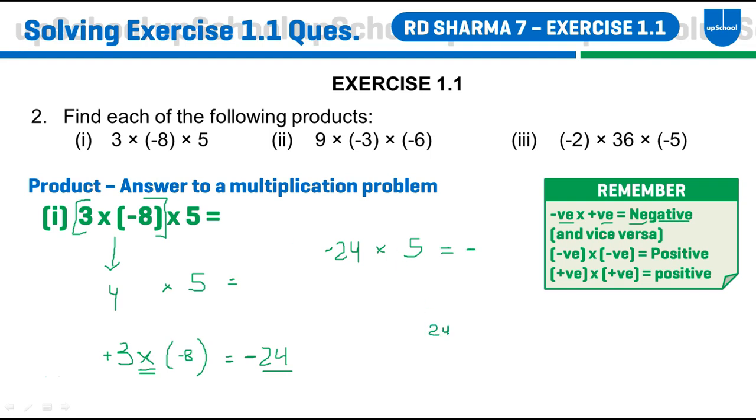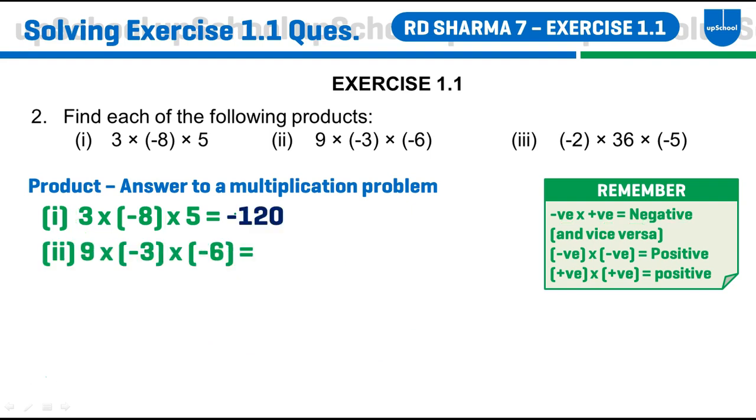We're not worrying about the signs, but just multiplying. 5 times 4 is 20. Carry the 2. 5 times 2 is 10, plus 2 is 12. So the answer is 120. So our actual answer is negative 120.